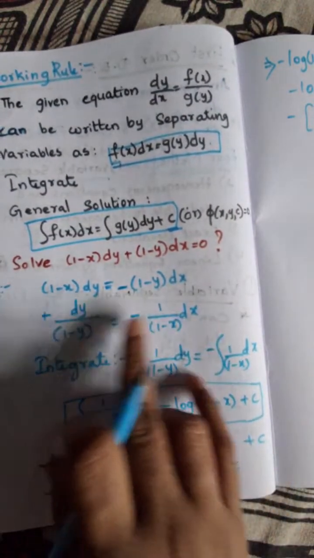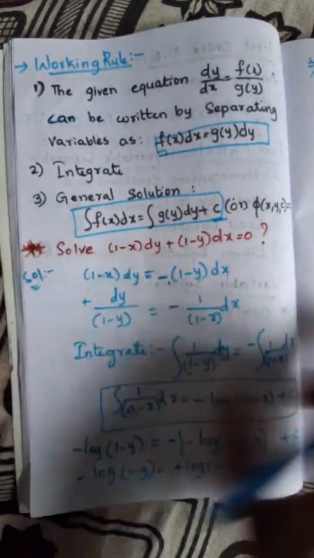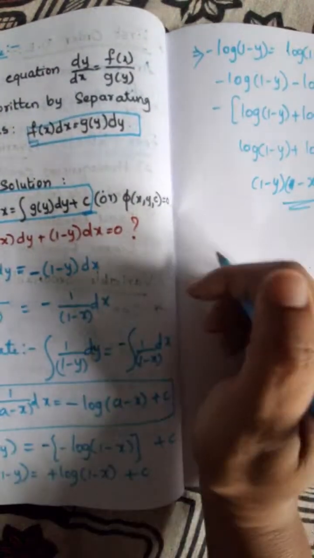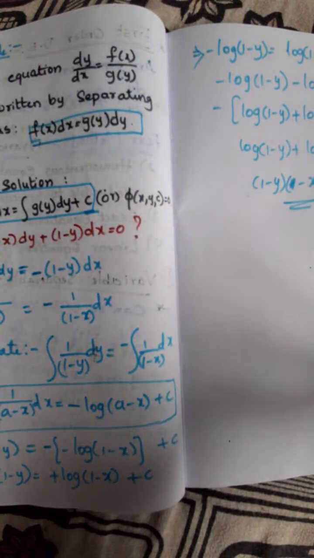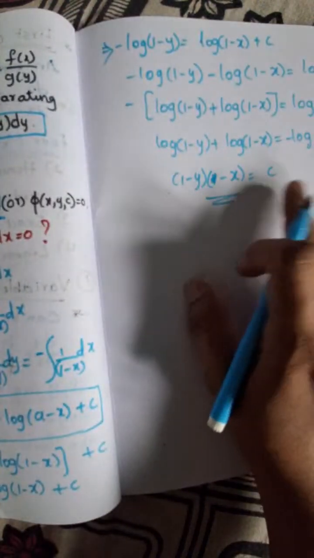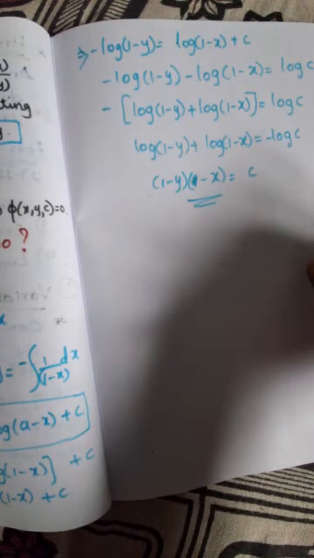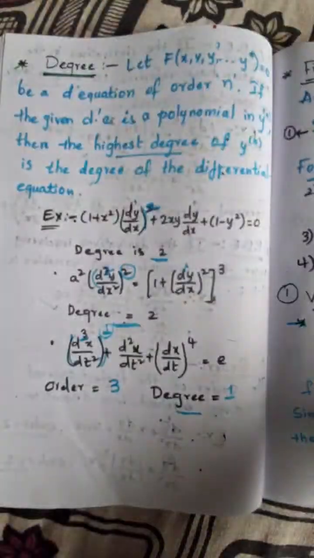After separating, we have to apply the second rule, that is integration. Now the general solution is 1 minus y into 1 minus x equal to c. After integration we get the solution. So like this we have to solve the differential equation.